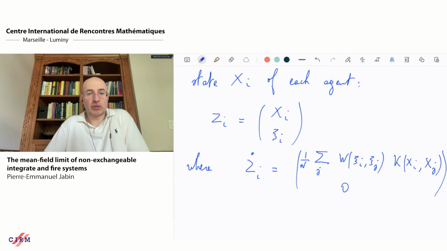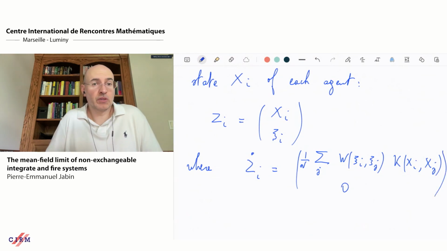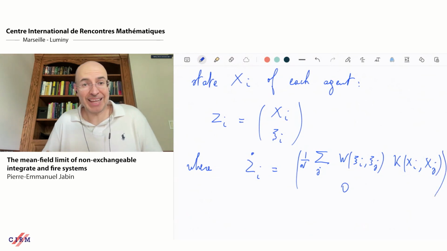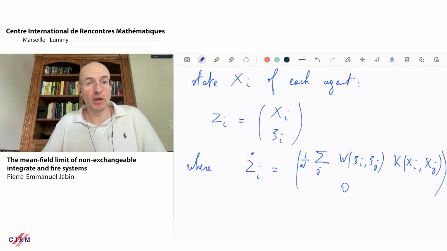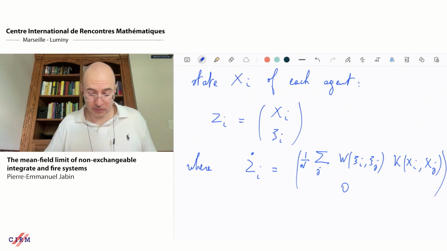And I have a new system which has the form of a classical many-particle system, identical many-particle system, with a new interaction kernel.